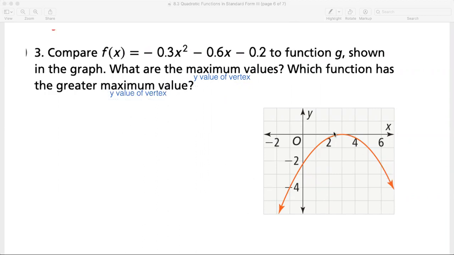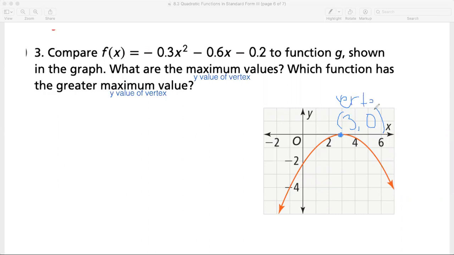Obviously, if it's graphed for you, it's so easy to find your vertex. So let's find my vertex here. It's here, which is at 3, 0. That's easy. It's nice when it's graphed for you or given to you on a table.